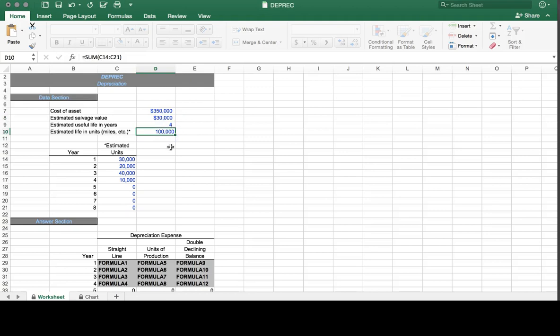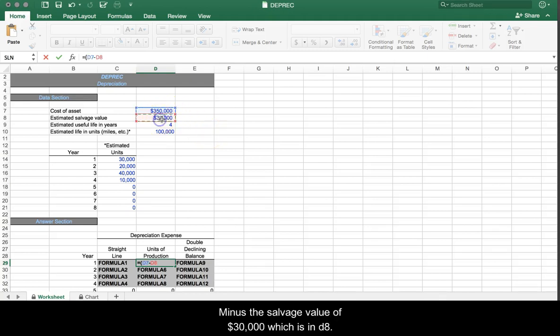in units. So we'll go ahead and input that in formula 5: equals, open parentheses, reference the cell all the time, which is D7, minus the salvage value, 30,000, which is in D8, close parentheses, divided by D10.